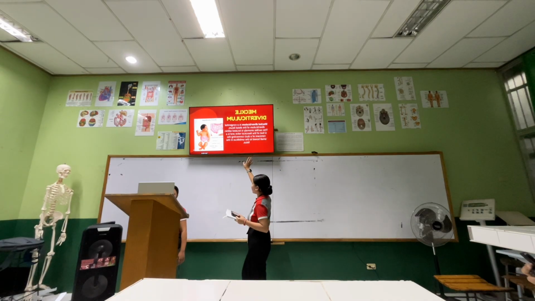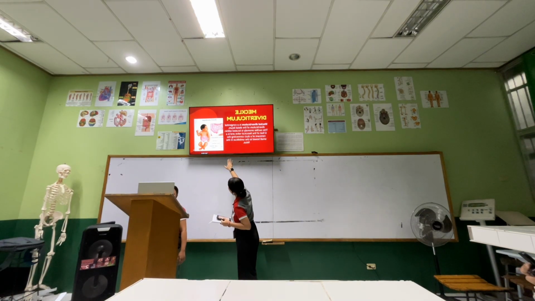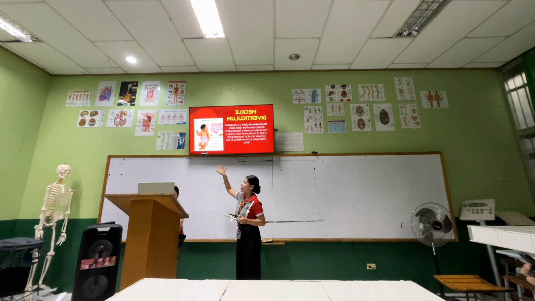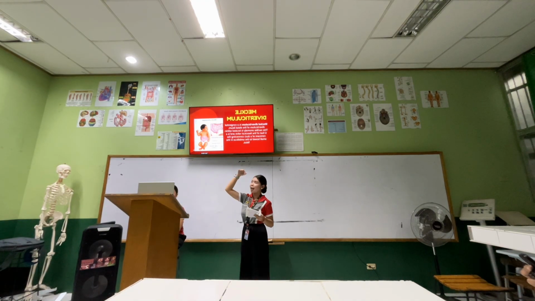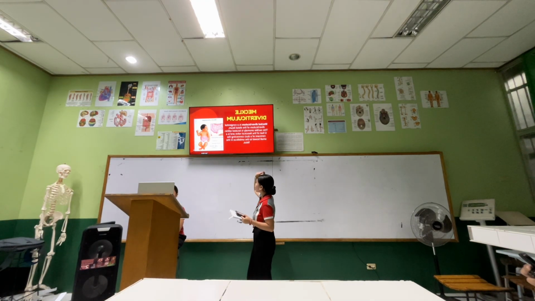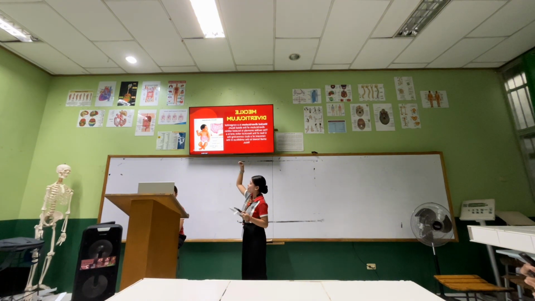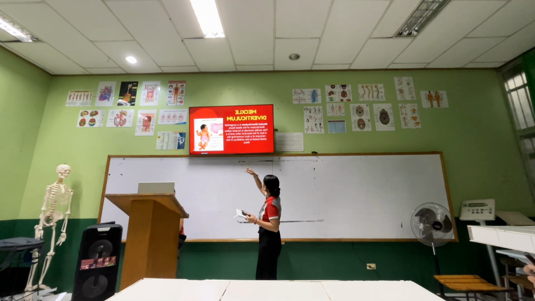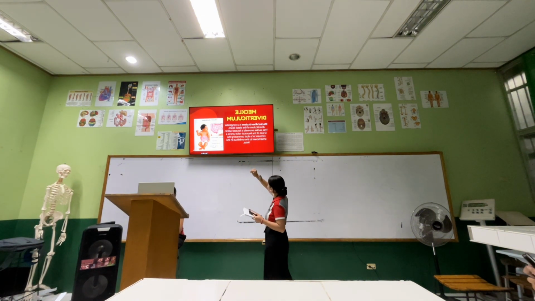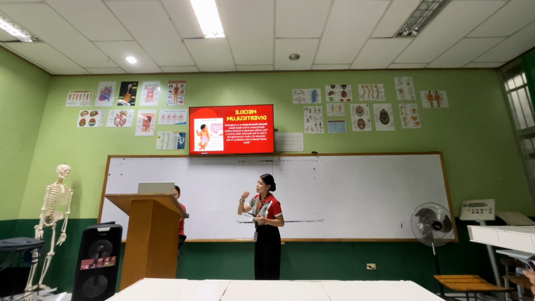Sa normal anatomy, wala siya pointed something. But sa Meckel diverticulum, naa siya sac-like anomaly located within 2 feet of the ileocecal valve.